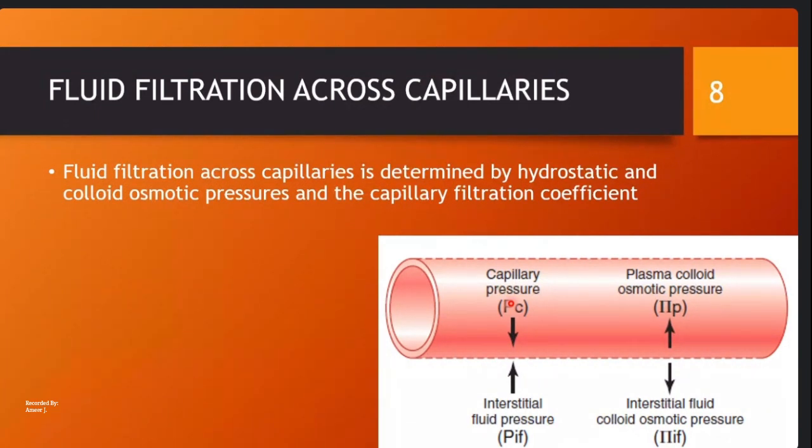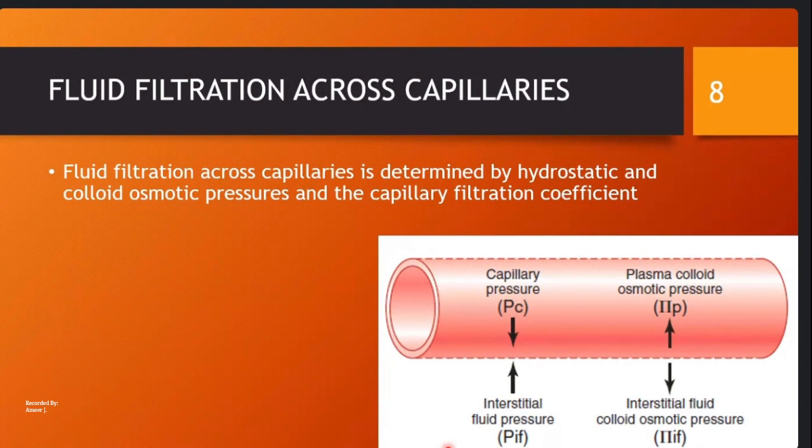This pressure is responsible for filtering water from the capillary into the interstitium. Another pressure that we have is the pressure in the interstitial tissue. The interstitial fluid pressure normally is negative. Therefore, it also tends to absorb the water from the capillaries bed.